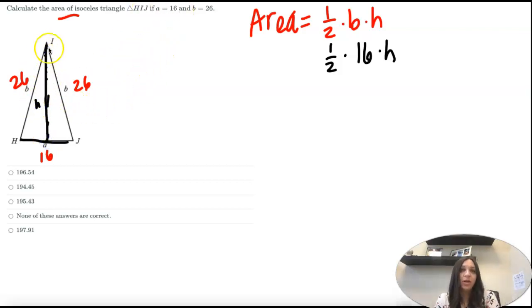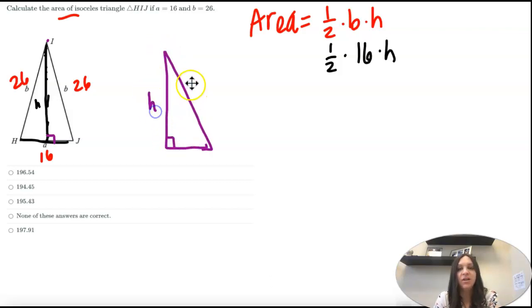But when you drop a line from the top of a triangle to the bottom, you make a right angle. So I have a right triangle. I'm trying to find H. I know 26, and we actually know this length. Because this is an isosceles triangle, we would split this in half. If the total is 16, we would have 2 equal parts of 8. So this is 8.